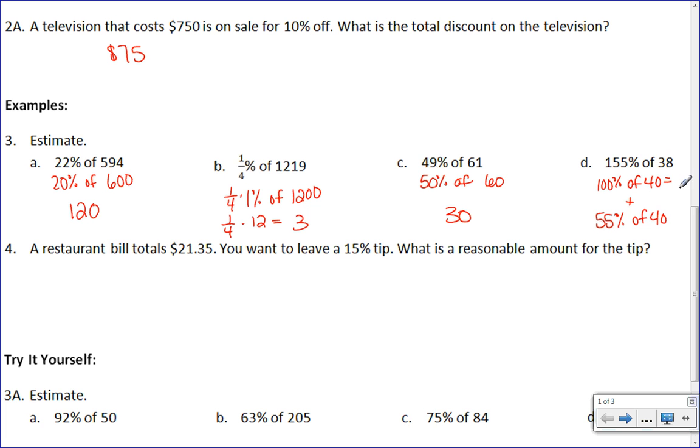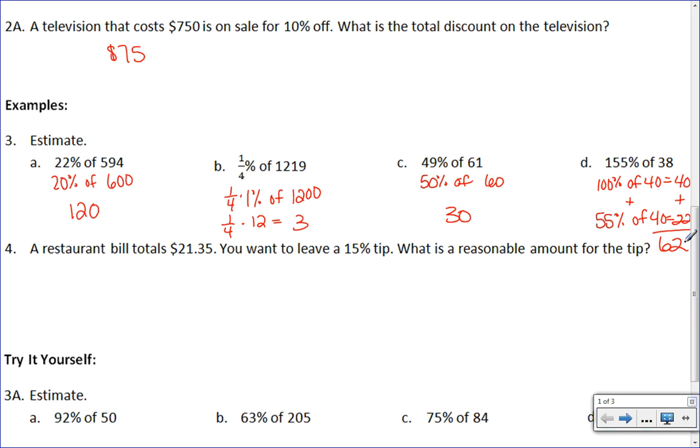Well, 100% of 40 is pretty easy. It's just 40. 55% of 40, you can think of this as 50% and 5%. So 50% would be half, or 20, and then 5% of 40 would be 2. So this is 22. So don't forget to add those together, we get 62.